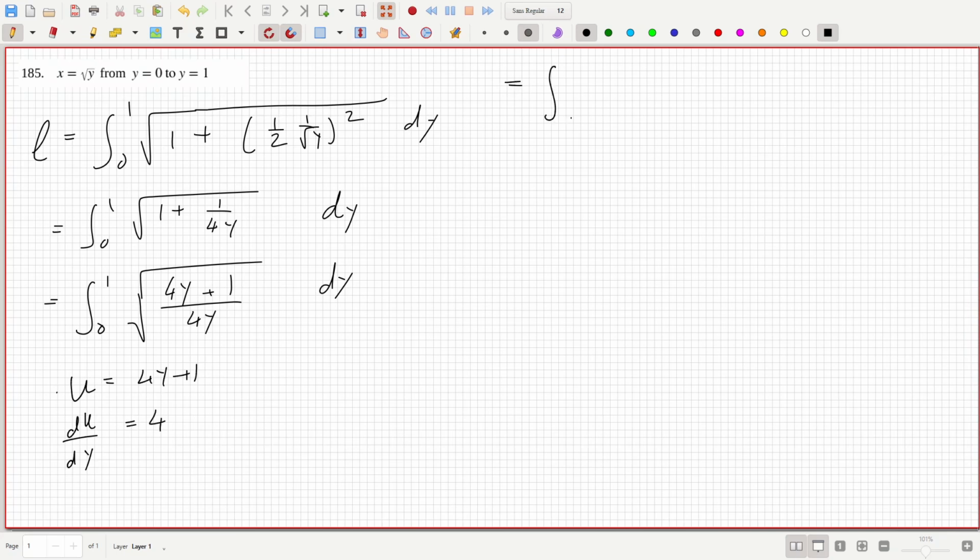So this will be 0 to 1, root, and on the top would be u, and on the bottom is u minus 1. And then a quarter du.